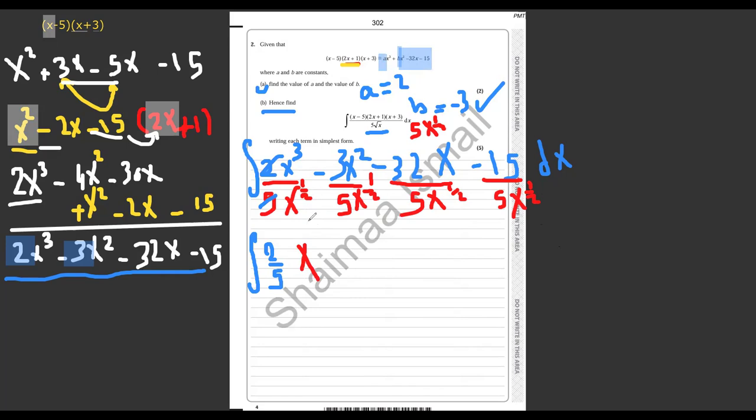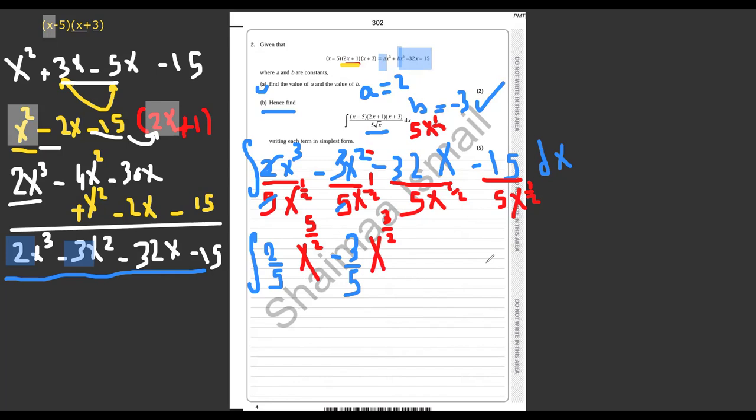It should be 5 over 2. Then minus 3 over 5, just split the fraction from the x. And here x squared over x to the half, so it will be x to the 1.5, which is 3 over 2.